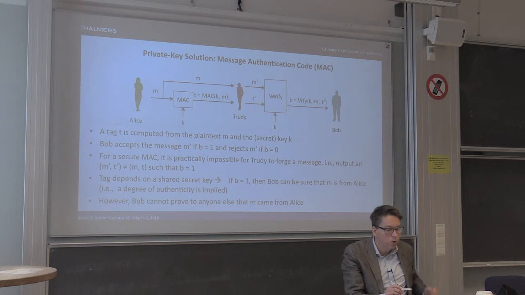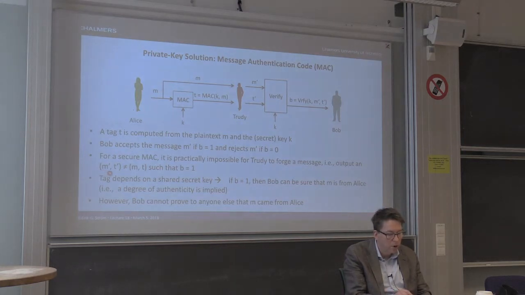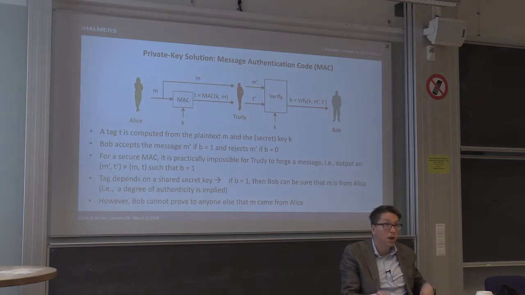And then one can show that there exist codes that generate these tags T such that it's practically impossible for Trudy to forge a message, that is, to output an M prime, T prime which is not equal to M, T, either M is wrong or T is wrong, such that B is equal to 1. One can actually show this.